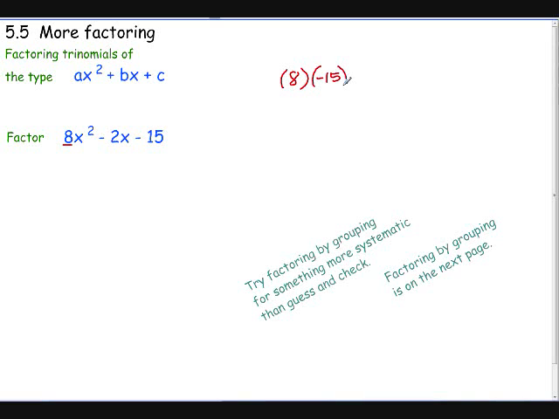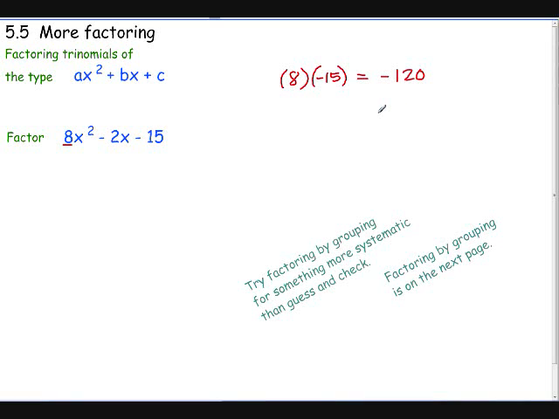This tells us what we're going to try factoring. Let's see. 2 times negative 15 is negative 30 times 4. So we've got a negative 120. Those of you with calculators can verify that.